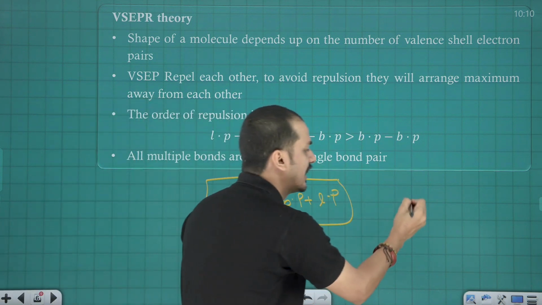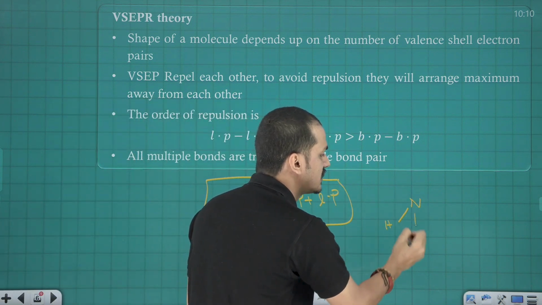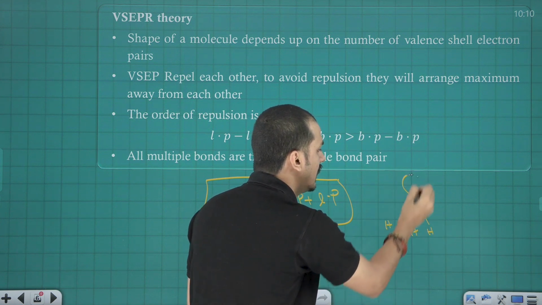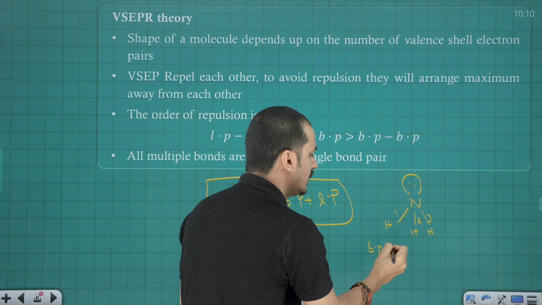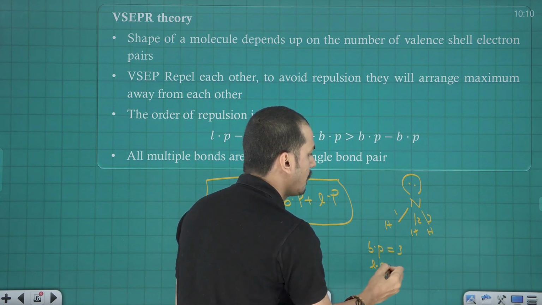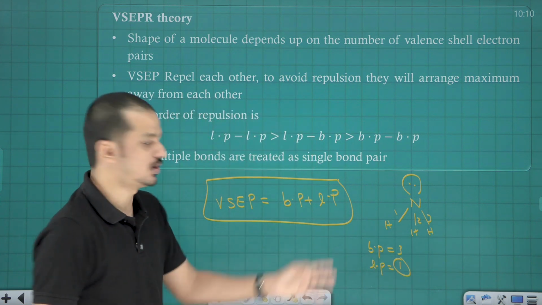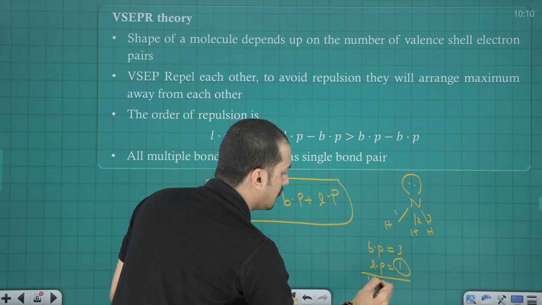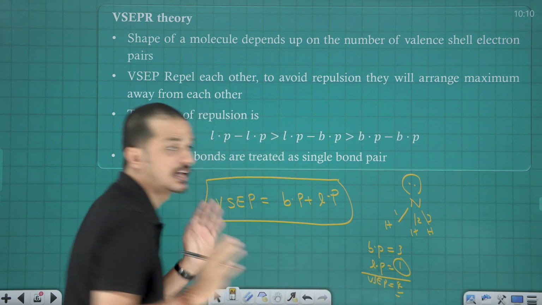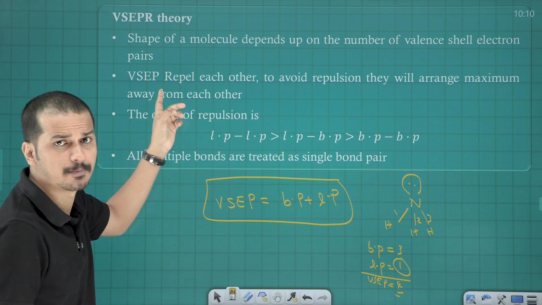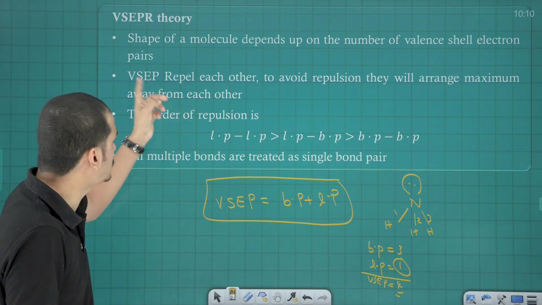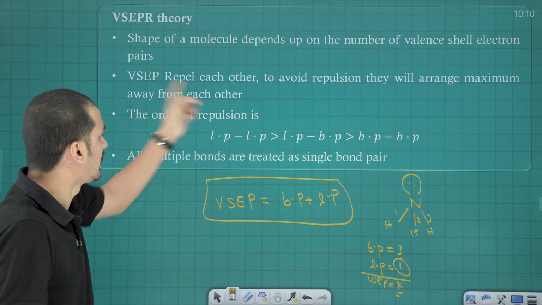For example, if we take NH3, here bond pairs are 1, 2, 3. 3 bond pairs are there, lone pair equal to 1. So total valence shell electron pairs equal to how much? Equal to 4. That idea we know. Ready, dears? Next statement is that valence shell electron pairs repel each other.